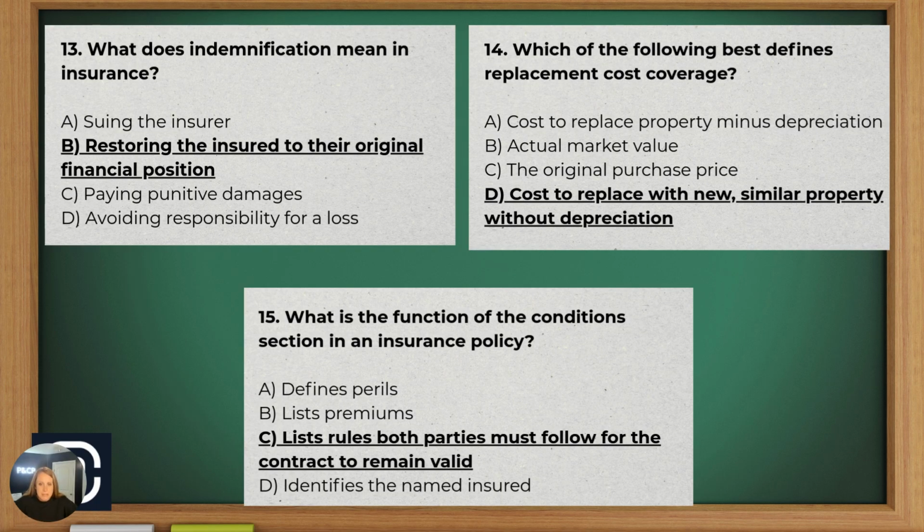It's just to get the insured back to the same original position they were in. As much as we would love to make an extra couple thousand if we get into a car accident, that's not why we get insurance. It's just to get us back to where we were previously. It's not for us to benefit from insurance.